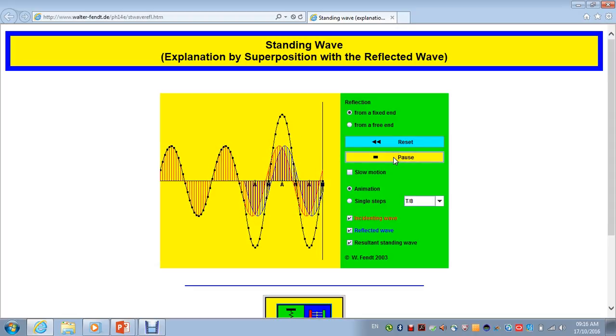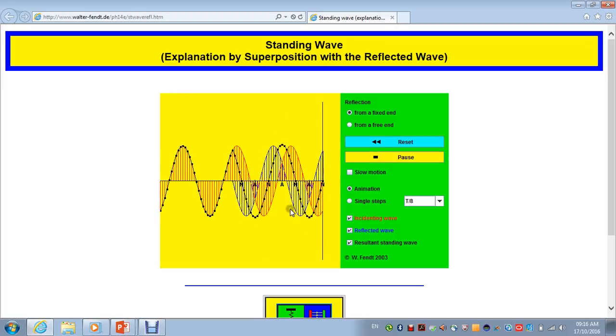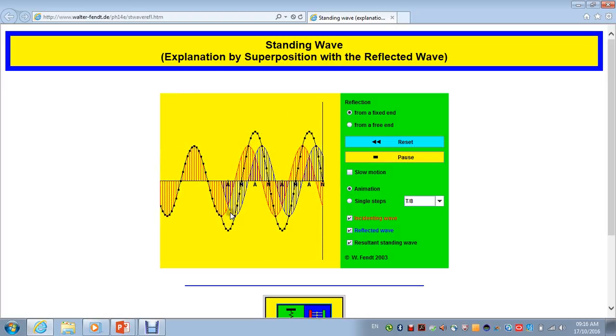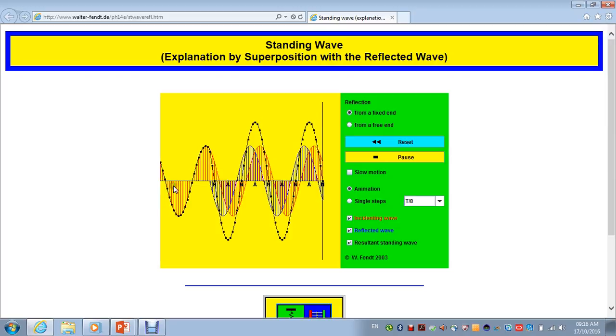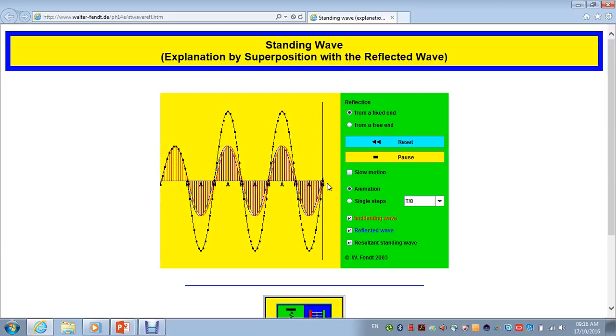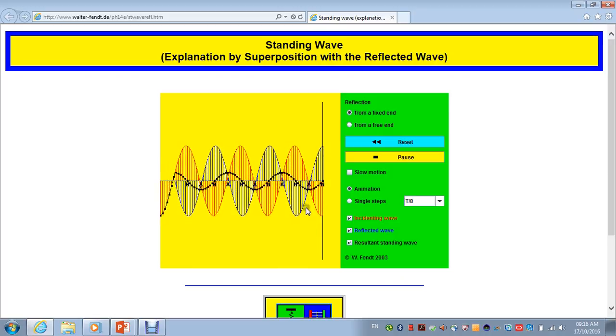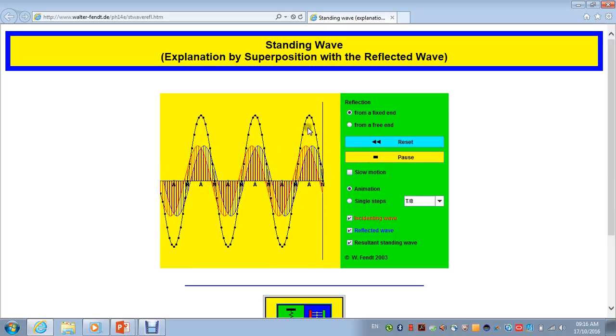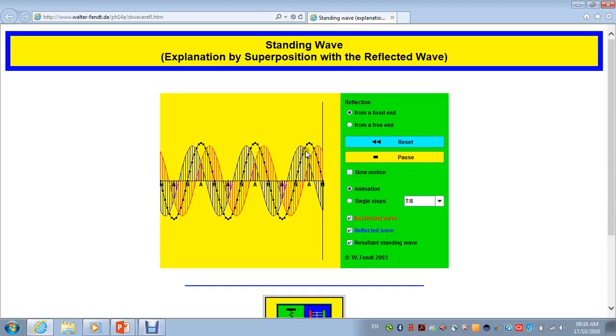Okay, let's continue. Slowly we are getting the stationary wave in the whole of this section of the string. If we look at the black wave, which is the stationary wave, it does not progress forward.